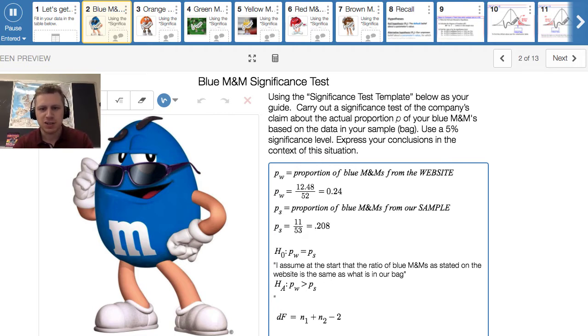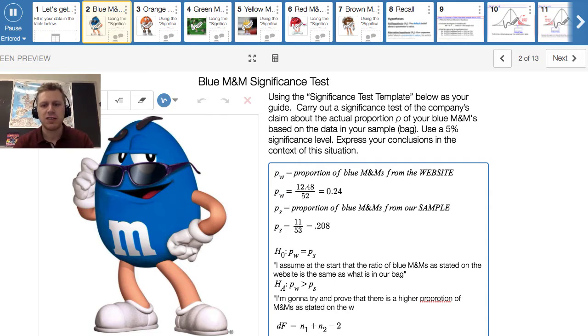So I'm going to try and prove that there is a higher proportion of blue M&Ms as stated on the website than actually appears in our bags.